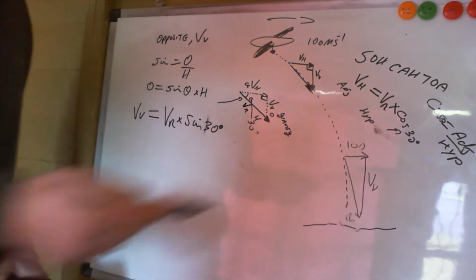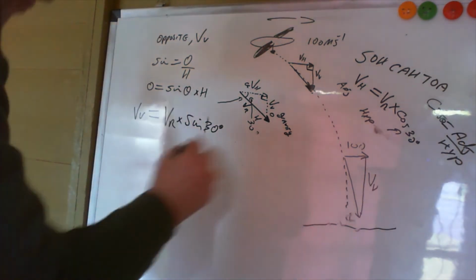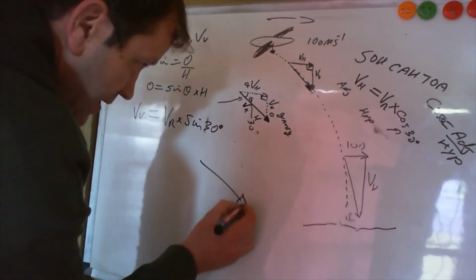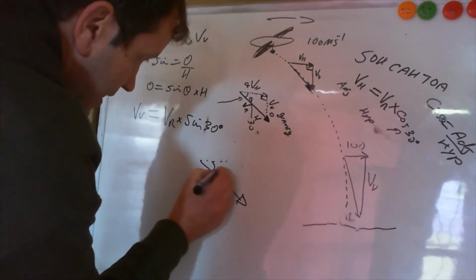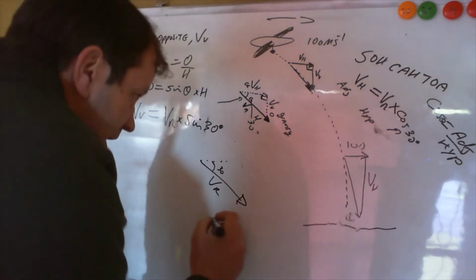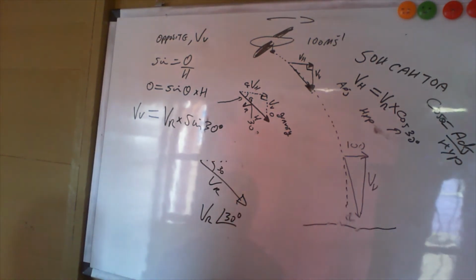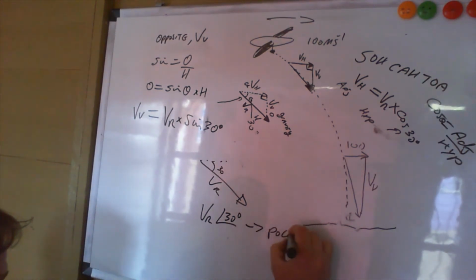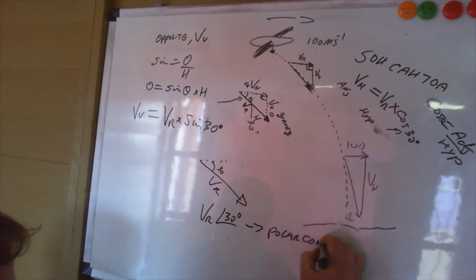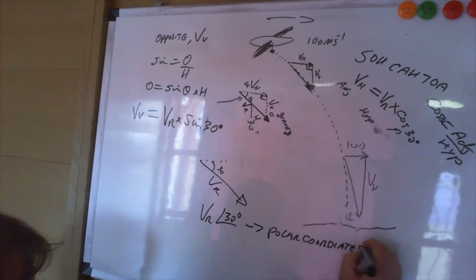It's very handy to learn this. And as I say, see this here, that's 30 degrees, and that was the VR. You can write that as the resultant velocity, and that is at an angle of 30 degrees. And they call this the polar coordinates.